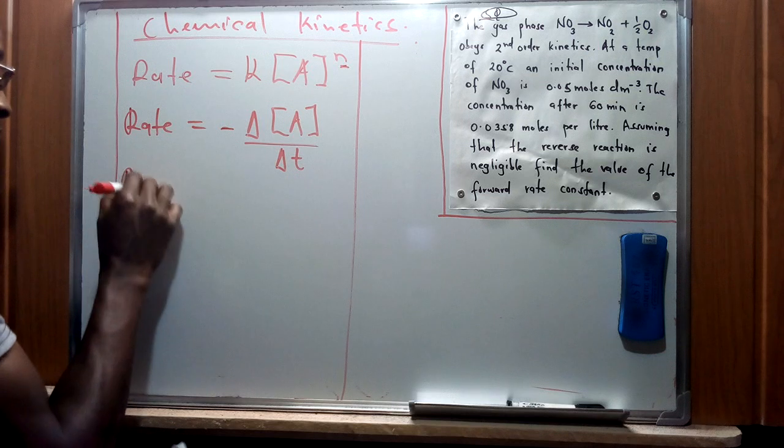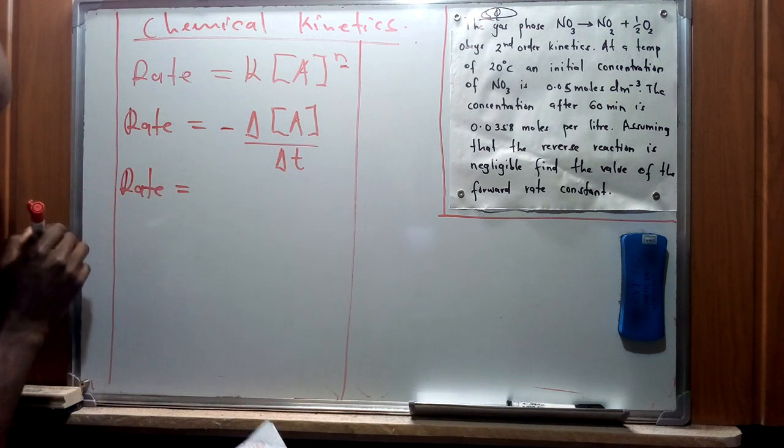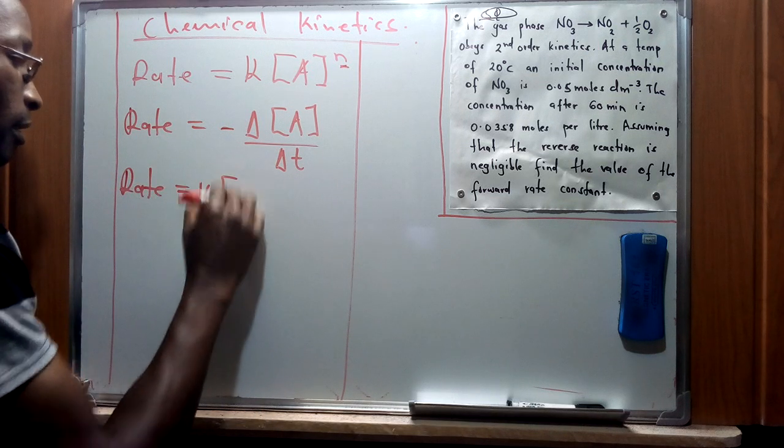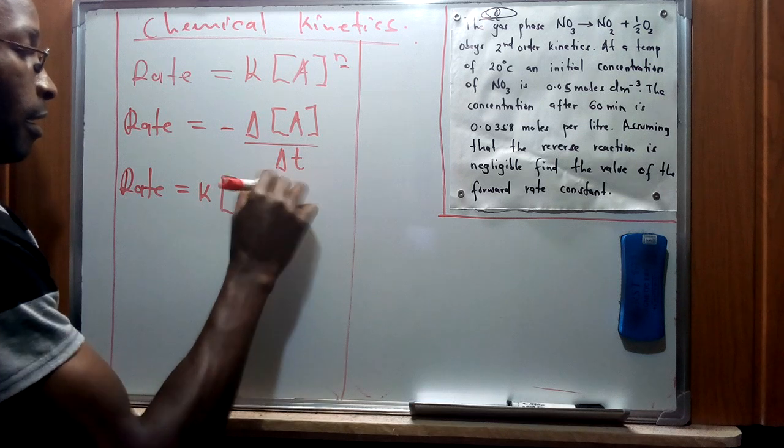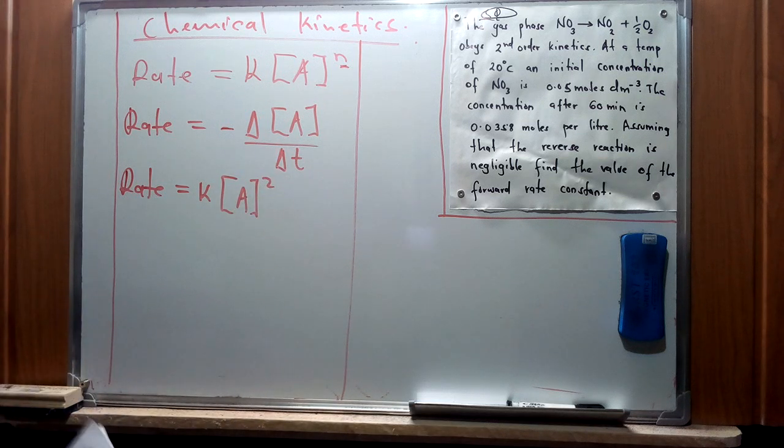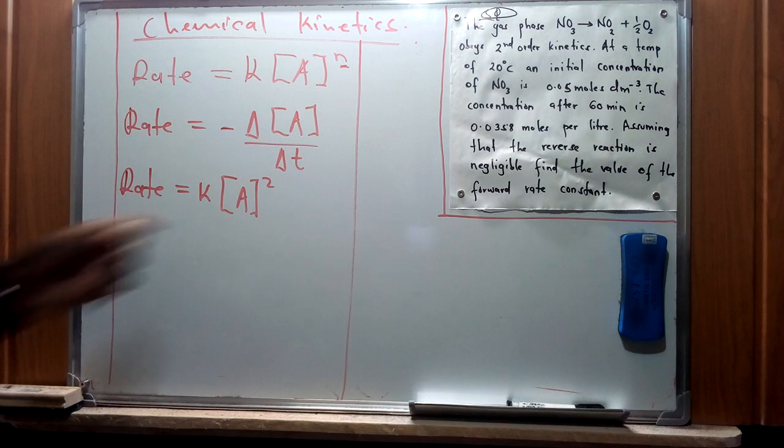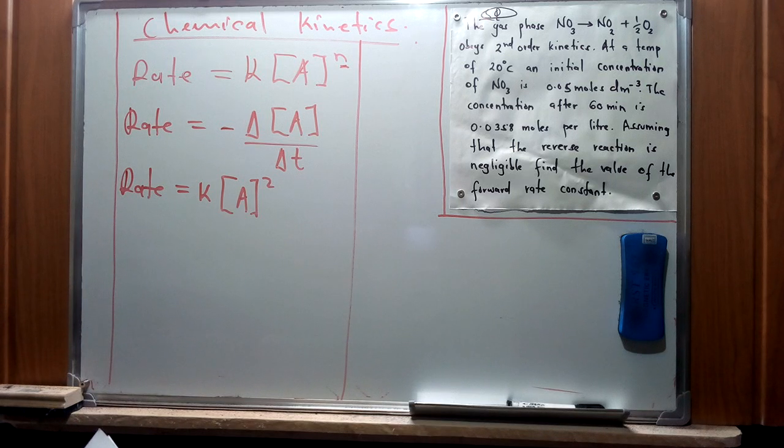For a second order, I'm going to give it as rate equals k[A]^2, which is squared for second order. A second order reaction is when the rate is proportional to the square of the concentration of A, which is the equation I've written on the board.